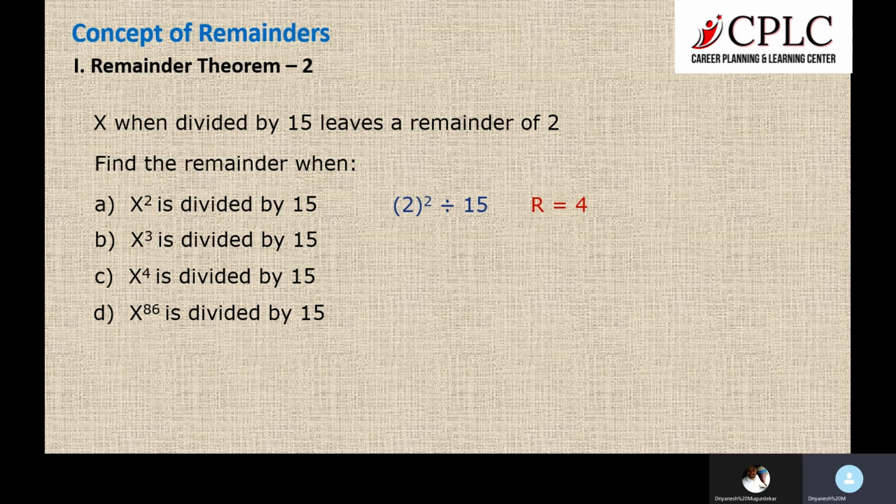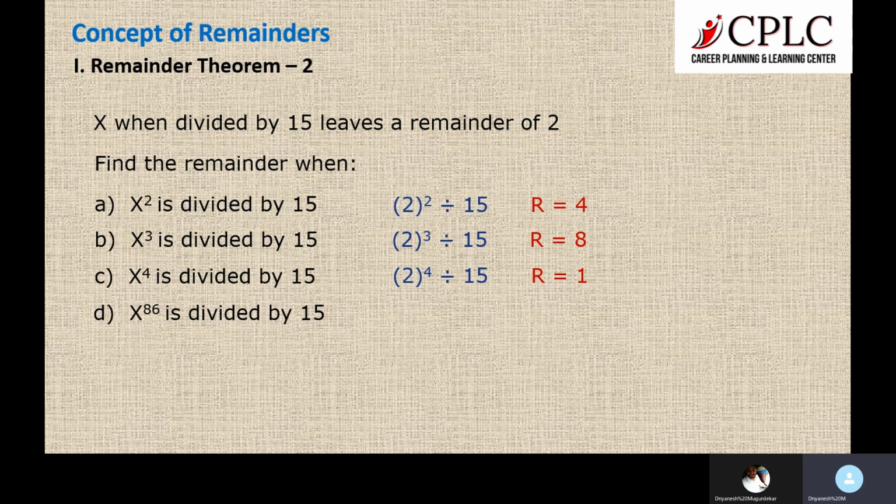First question, x square when divided by 15. That is, x square becomes 2 square, which is 4. 4 when divided by 15 gives you remainder plus 4. Next is x cube, which is 2 cube, when divided by 15 will give you the remainder as 8. Next is 2 raised to 4, which is 16. 16 when divided by 15 will give you the remainder as plus 1.